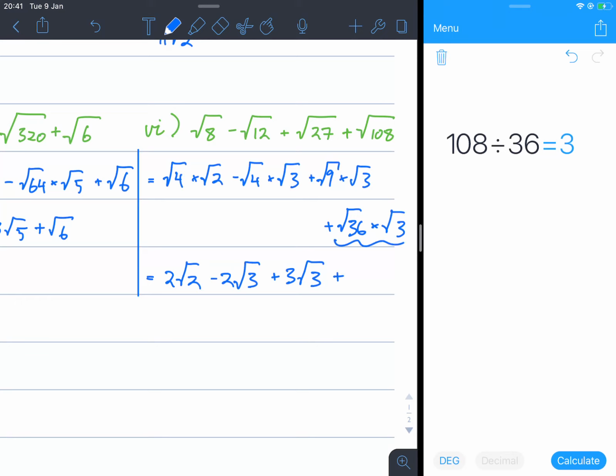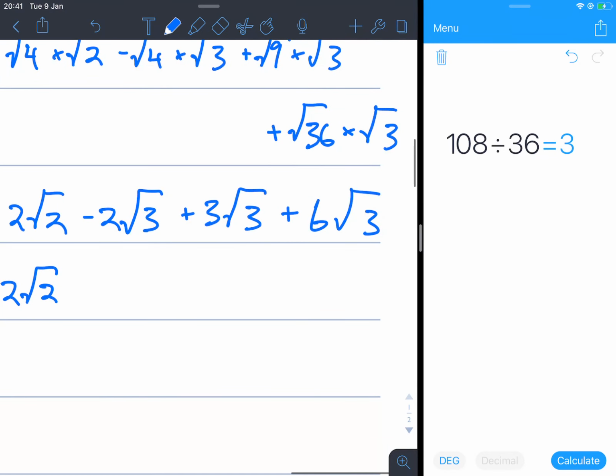And this last term becomes 6 root 3. So it seems as if 2 root 2 stays as it is. There's no addition to it. And everything else will add. So this will give me negative 2 plus 3 is 1. 1 plus 6 is 7 root 3.